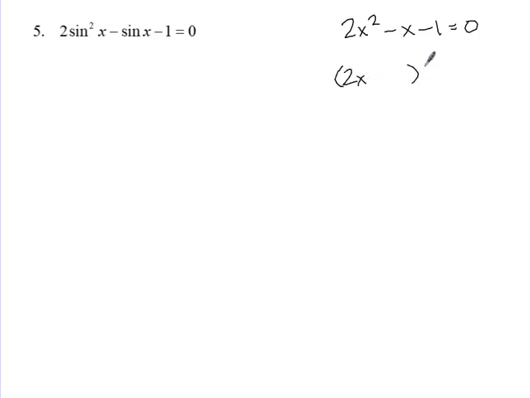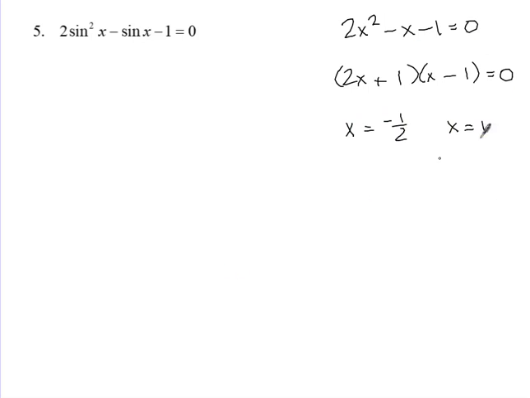So if we factor this, we would end up with 2x plus 1 times x minus 1 equals 0. If you go ahead and solve these, you end up with x equals negative 1/2 and x equals 1.